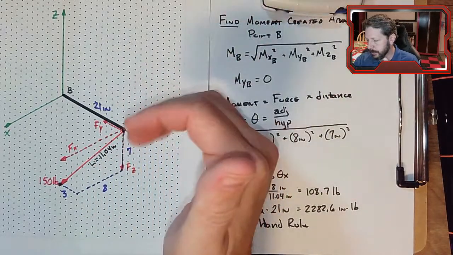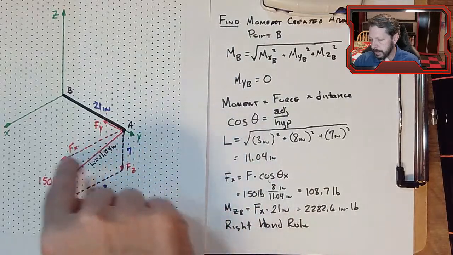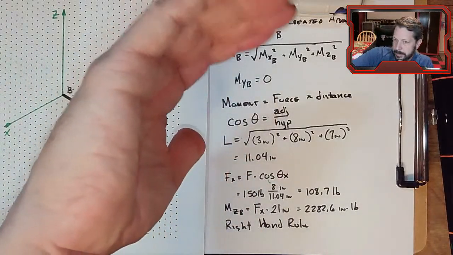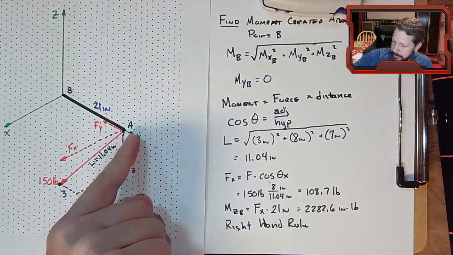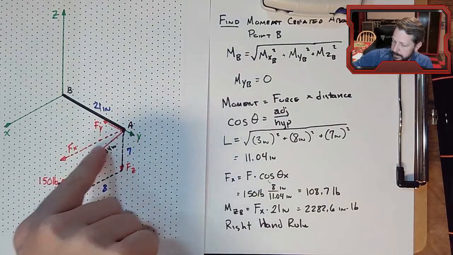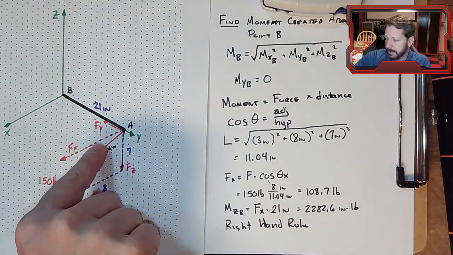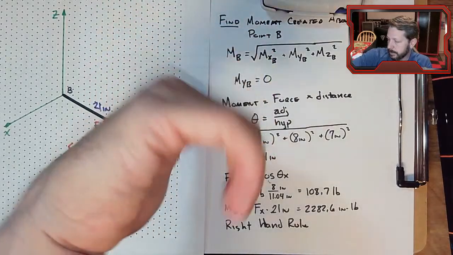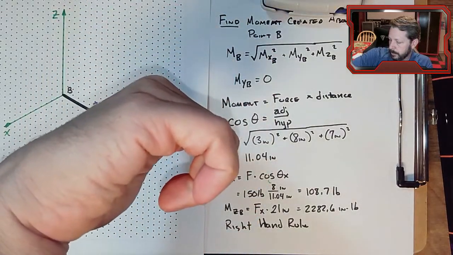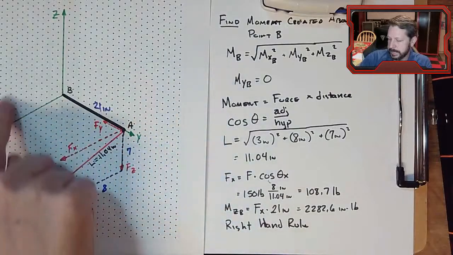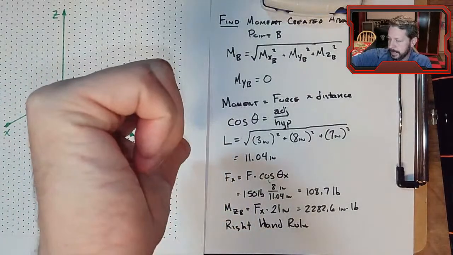So I couldn't do it this way. This is backwards from this direction. I actually have to turn my hand upside down and curl them to make my fingertips curl in this direction. When you line up the direction of your curl with the direction of the sense of this moment, your thumb is either pointing down or up.